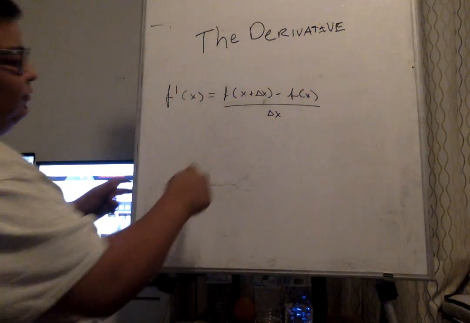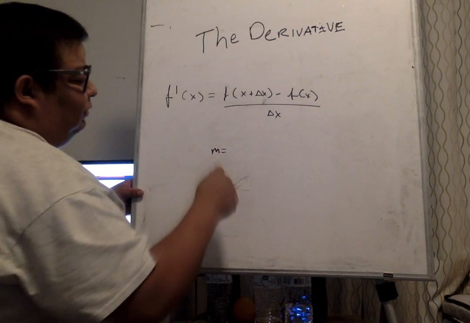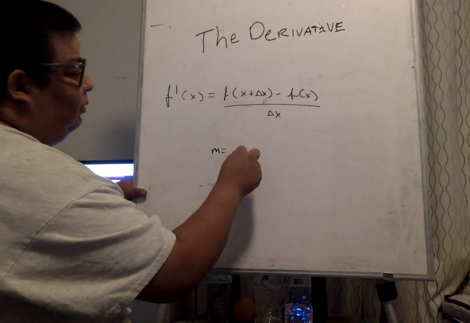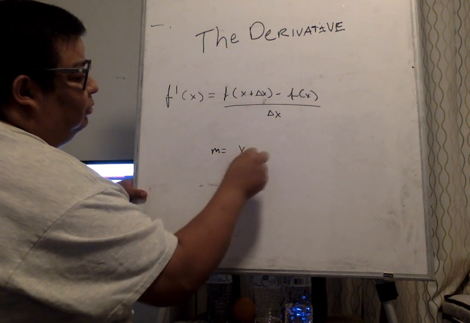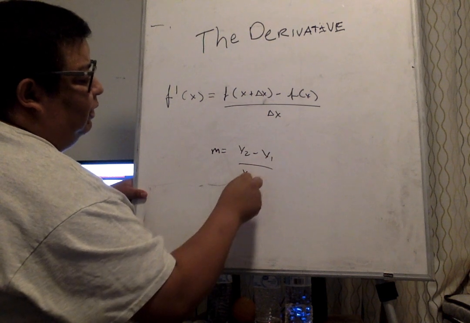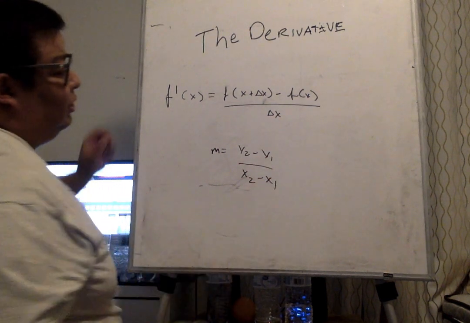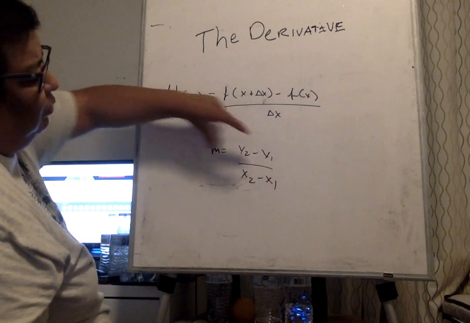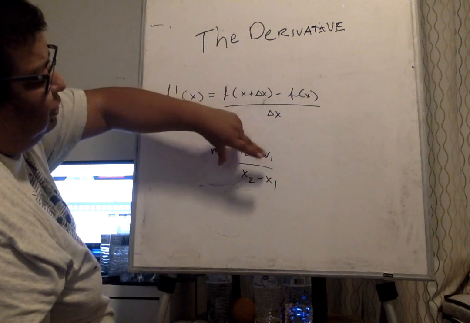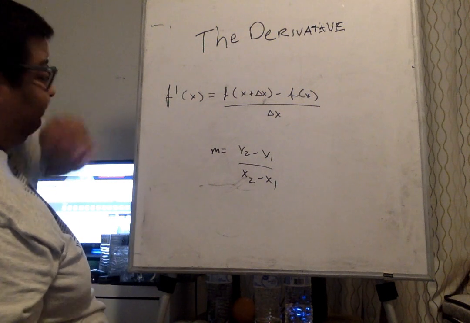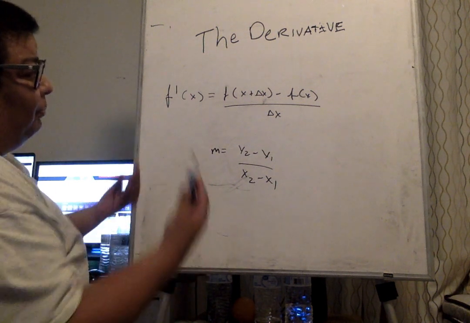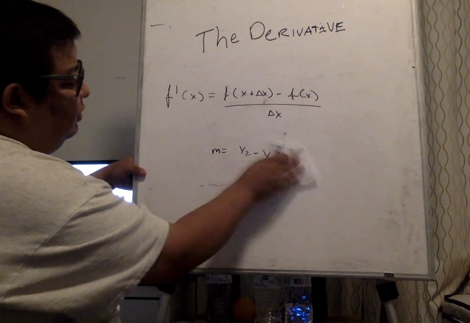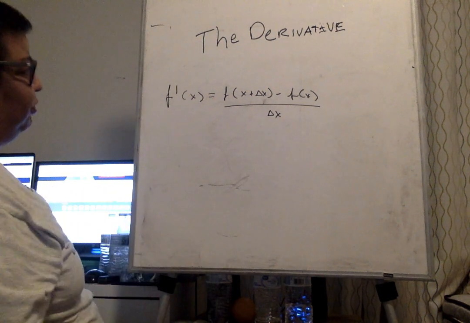And notice this is very similar to our algebra definition of slope. Remember when we did y2 minus y1 all over x2 minus x1. It's almost the same thing. In other words, we're upgrading our knowledge of algebra. So this is the definition of the derivative function.